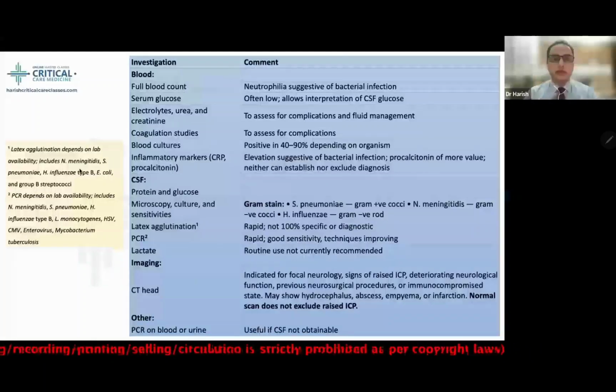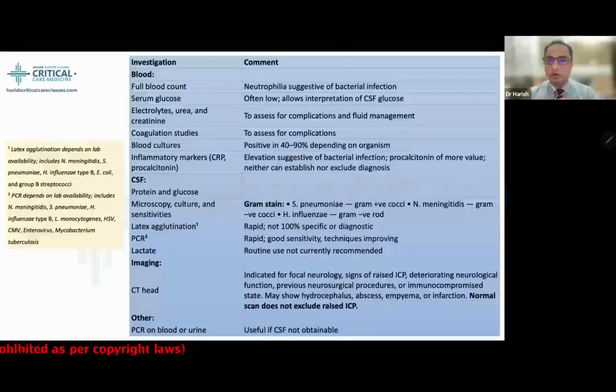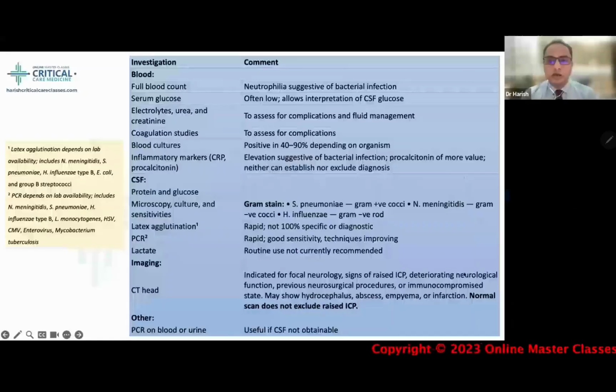Basically these are all investigations which we can consider, but you need to answer which are relevant to that patient. Full blood count: neutrophilia suggests bacterial infection. Serum glucose is often low, which also helps in interpreting the CSF glucose correlation. Electrolytes, urea and creatinine help in assessing complications and give an idea about fluid management.